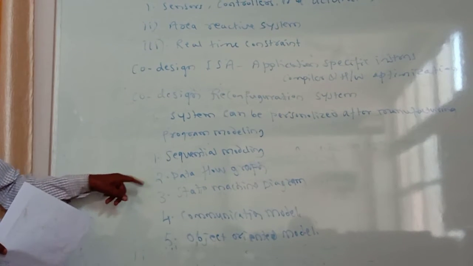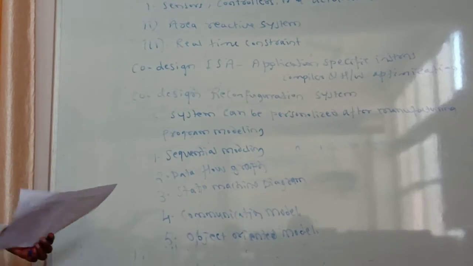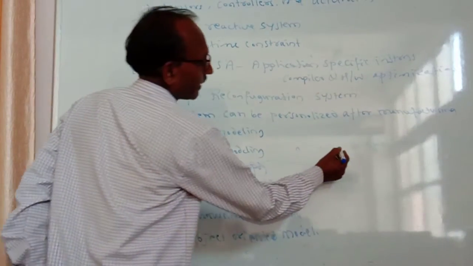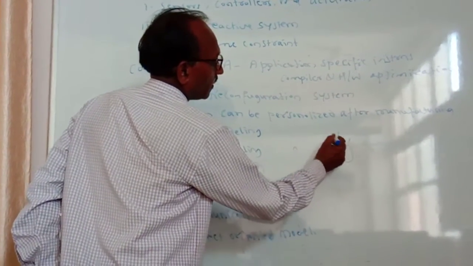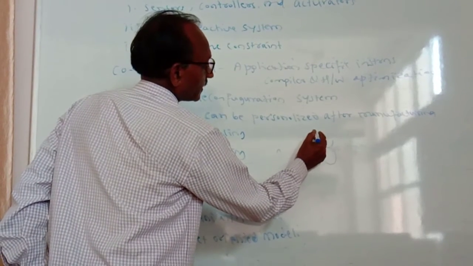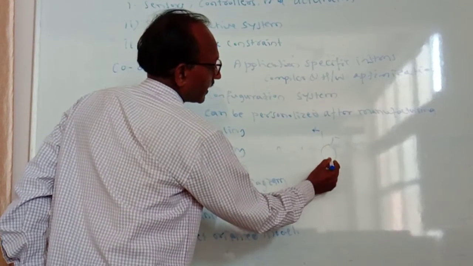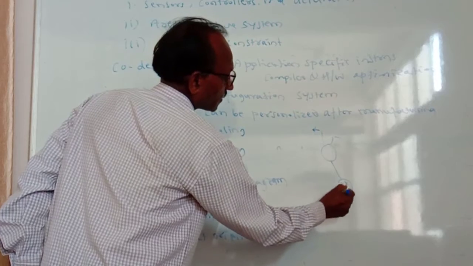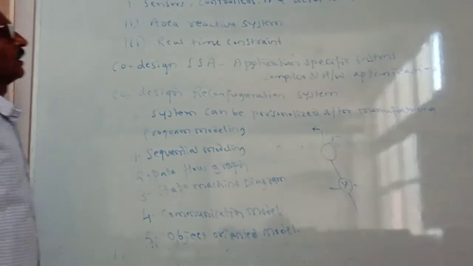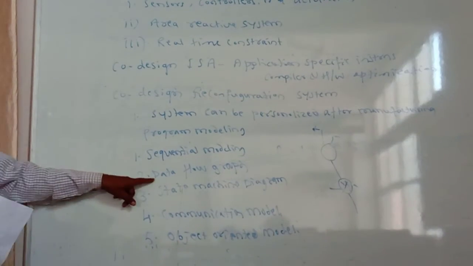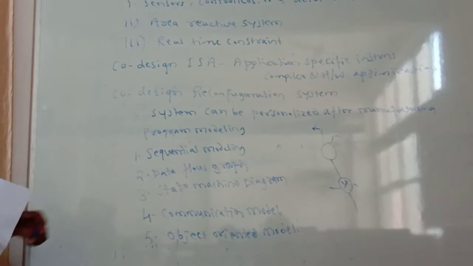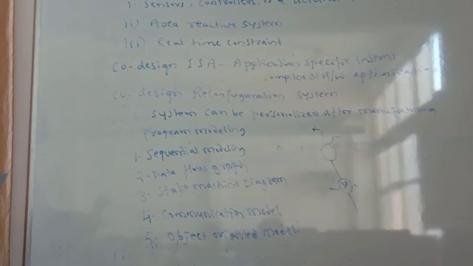Another one is data flow graph. Data flow graph is most important. According to the step, we are going to control. Plus, minus, so many processes can be controlled, data flow control according to the nature of the applications.